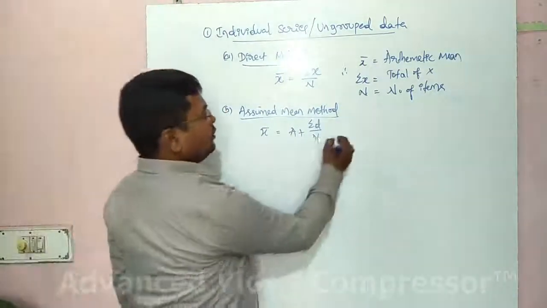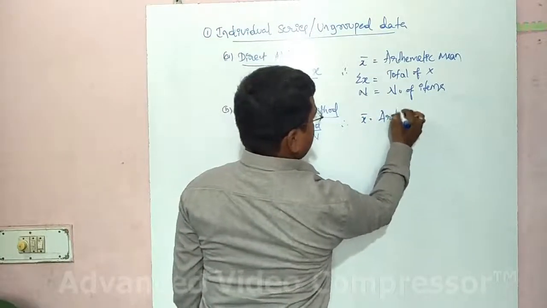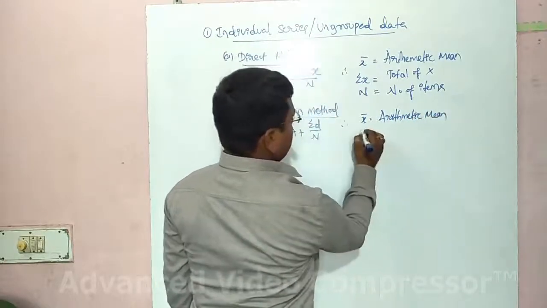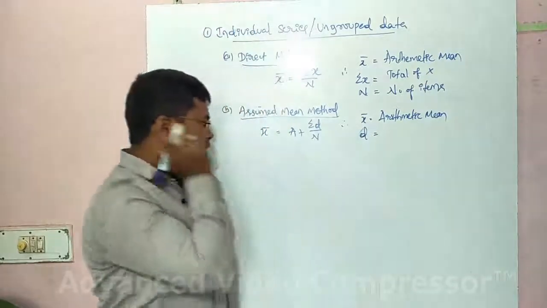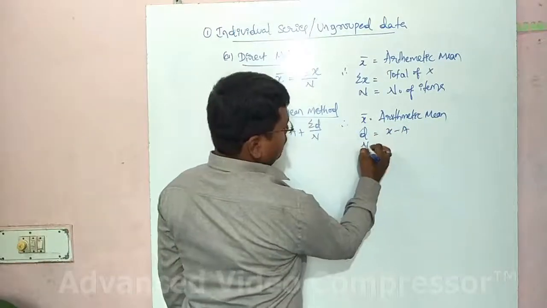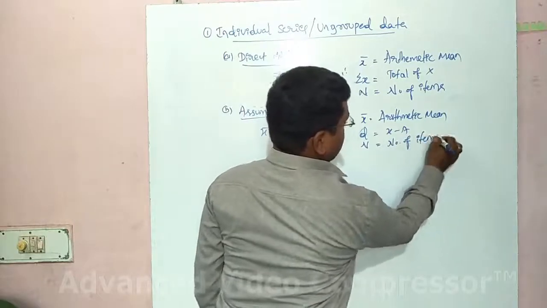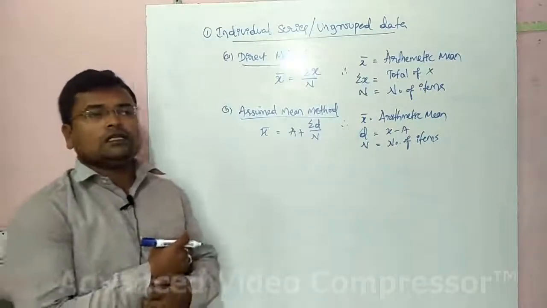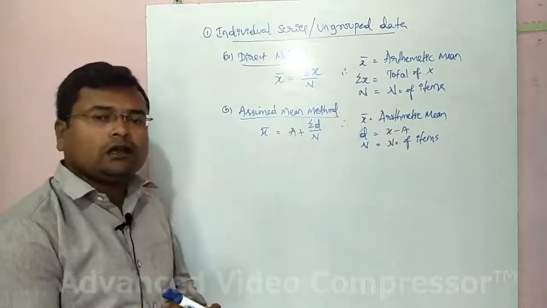Here, as usual, x bar is equal to arithmetic mean, and summation of d, where d is equal to x minus a, and n is equal to, as usual, number of items given in the problem. So this is the second method that we use for calculation of arithmetic mean for individual series.